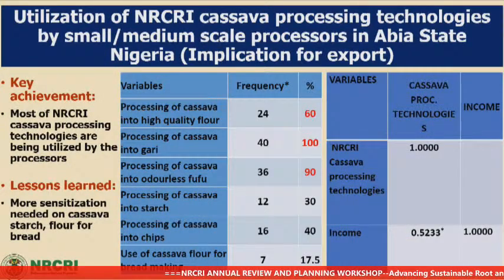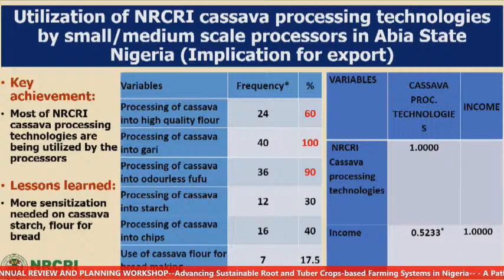Utilization of Nrcri cassava processing technologies by small and medium-scale processors in Abia State. We actually carried out this study to know whether the processors in Abia State are actually making use of our processing technologies.